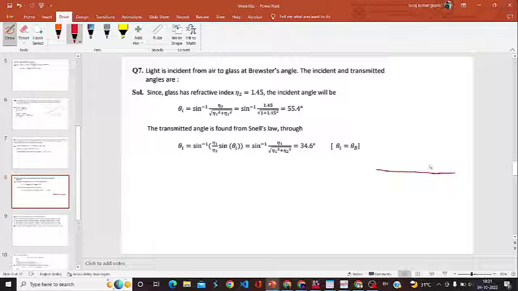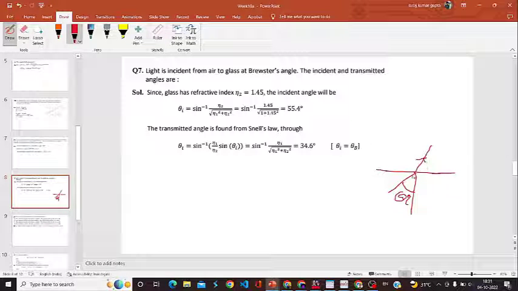So Brewster angle is defined as the angle at which the incident angle is forming from the normal to the boundary. Let us say this is theta i. It is the angle which the incident ray forms from the normal to the interface such that the total transmission will take place.